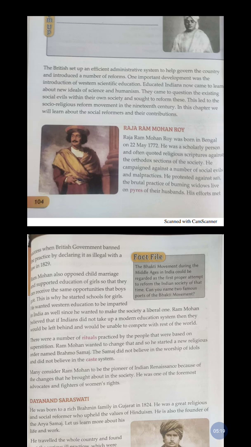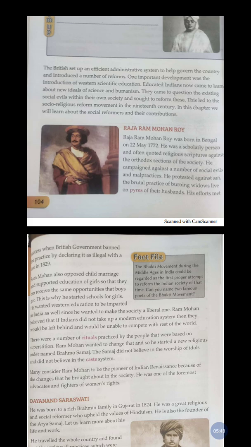According to Raja Ram Mohan Roy, if they did not acquire this modern education system, they would be lacking behind.